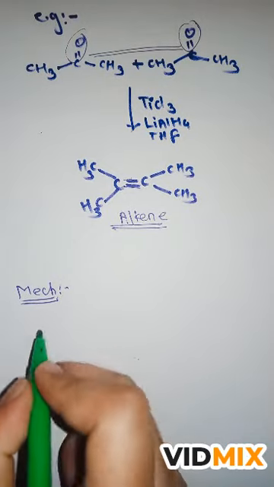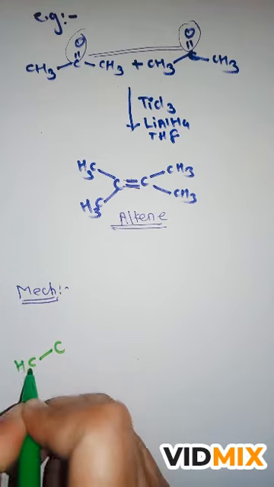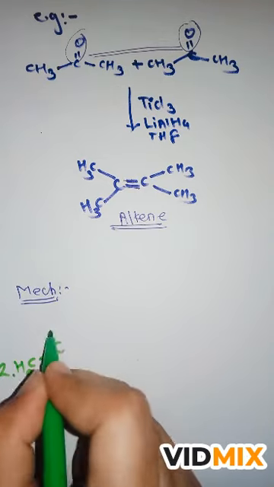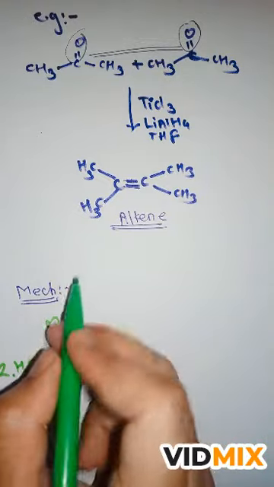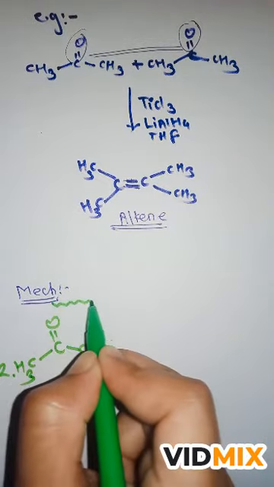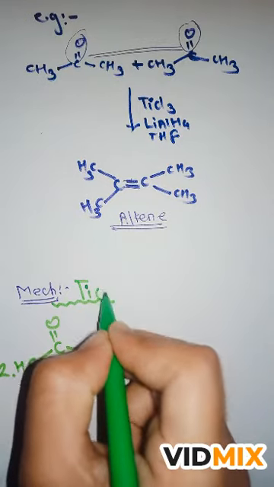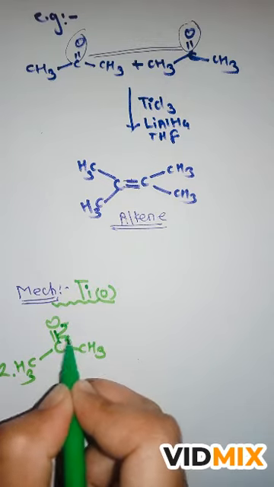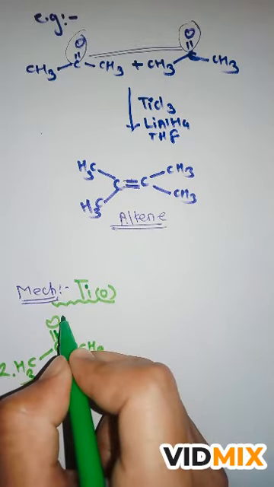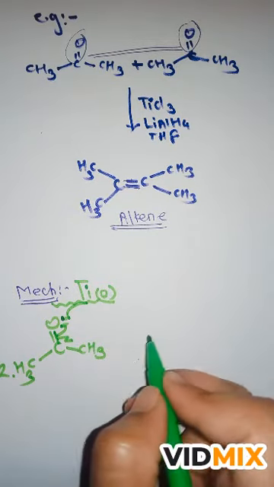Here first we write 2 moles of this ketone, and here is the surface of titanium 0. Here is the homolytic cleavage of this bond and the formation of a bond with oxygen.